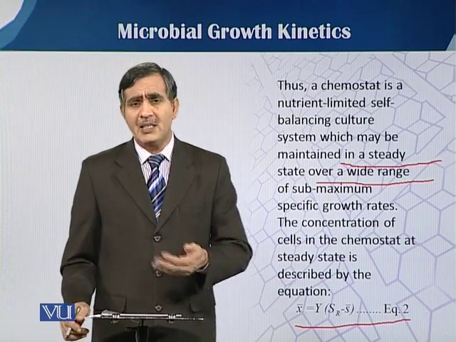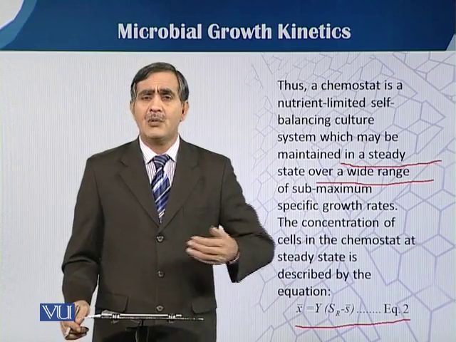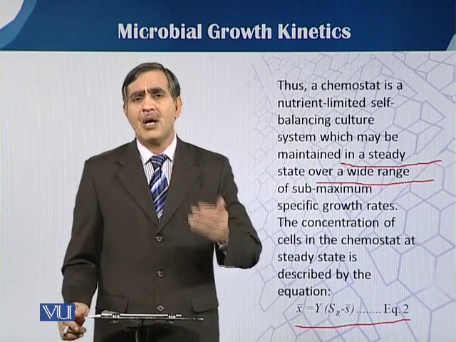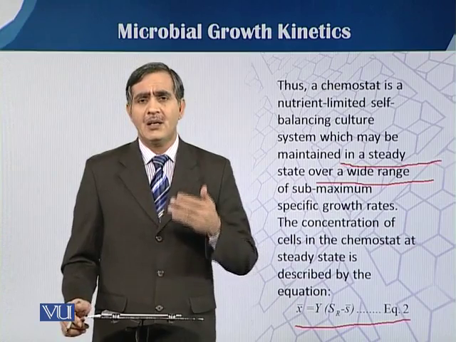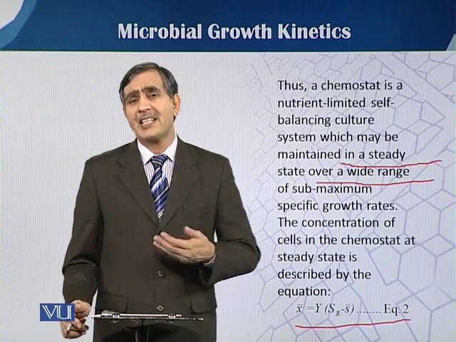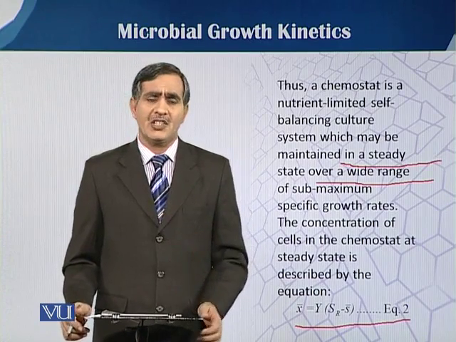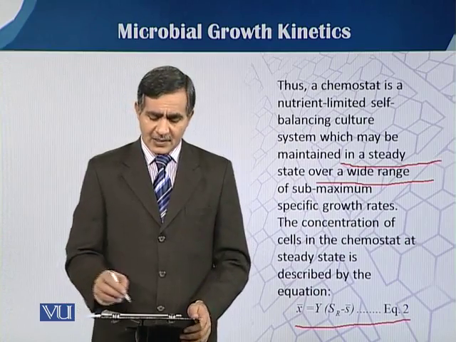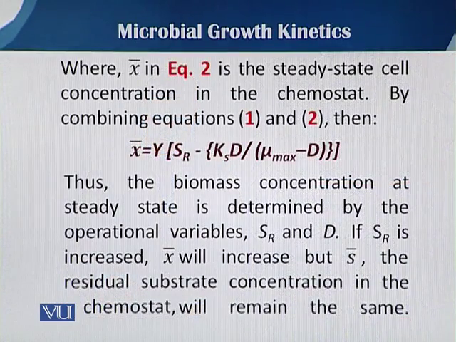Just by changing X into X bar, where X is the biomass concentration in the fermentation vessel and X bar is the biomass concentration at steady state, this steady state biomass concentration can easily be calculated.